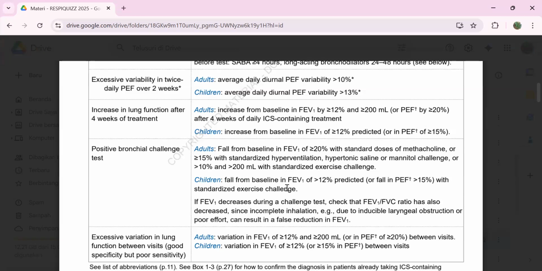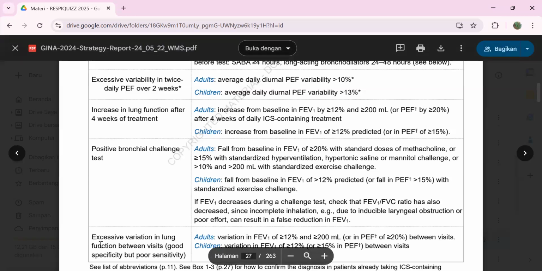And in children, fall from baseline in FEV1 of more than 12% predicted, or fall in PEF of more than 15% with standardized exercise challenge. If FEV1 decreases during a challenge test, check that the FEV1/FVC ratio has also decreased, since incomplete inhalation due to inducible laryngeal obstruction or poor effort can result in a false reduction in FEV1.